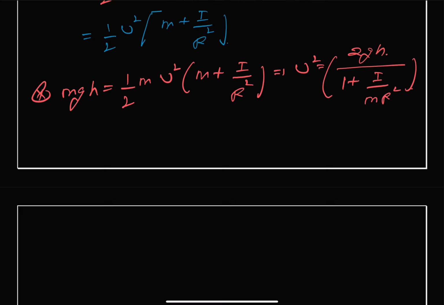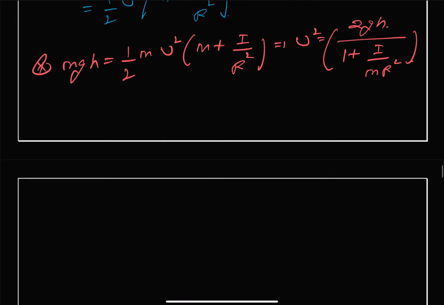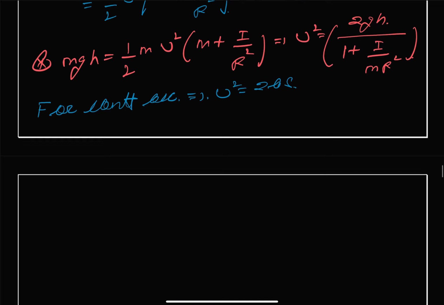And for constant acceleration, v square is equal to 2as, because initially it is at rest. So v square minus u square is equal to 2as, or v square is equal to 2as.